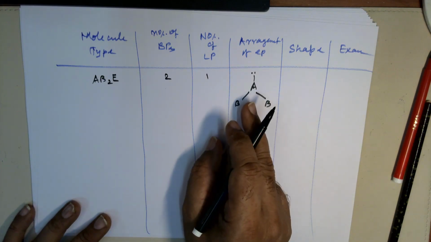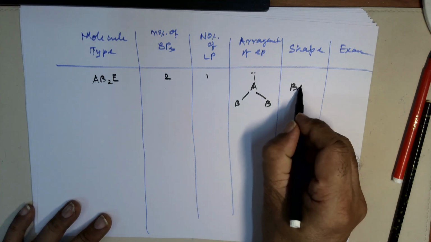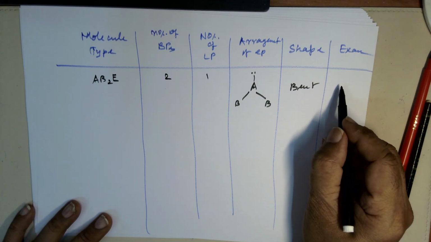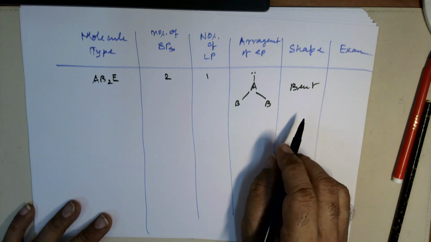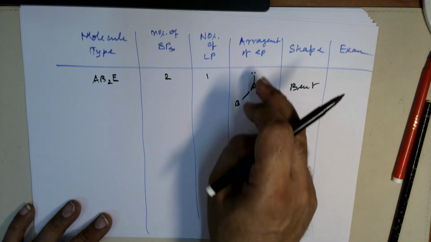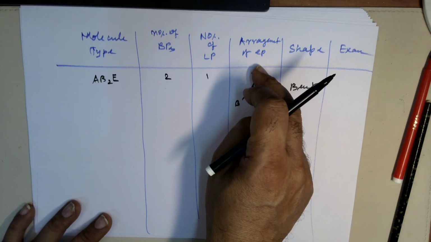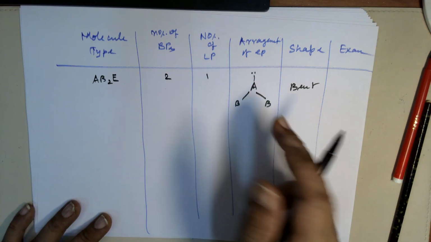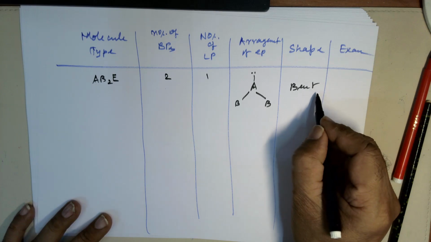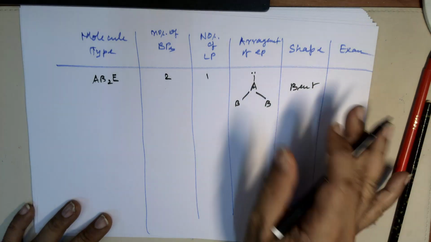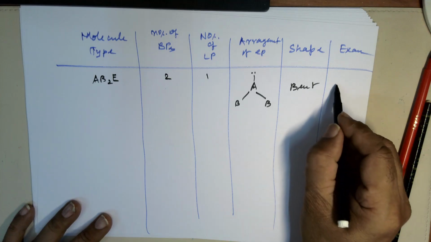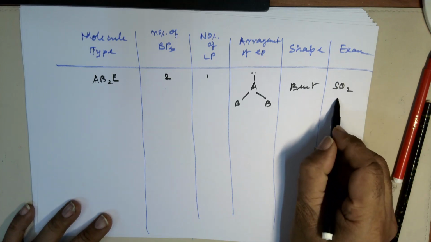So it will form a bent structure naturally. You have to consider only the bonded atoms, so it is bent, angular, a V-shaped structure. Example: sulfur dioxide, ozone.